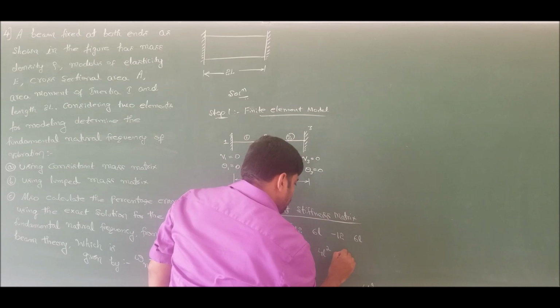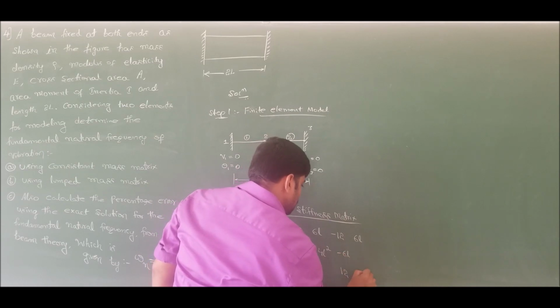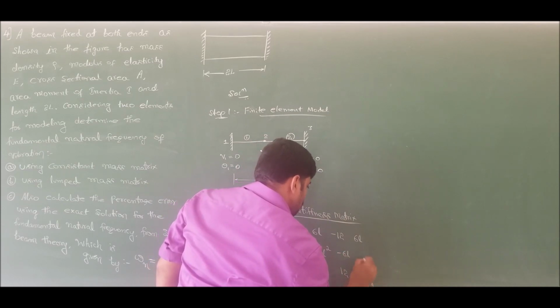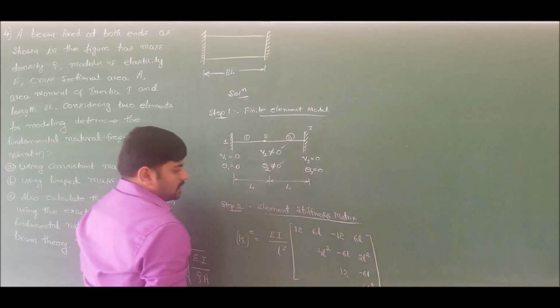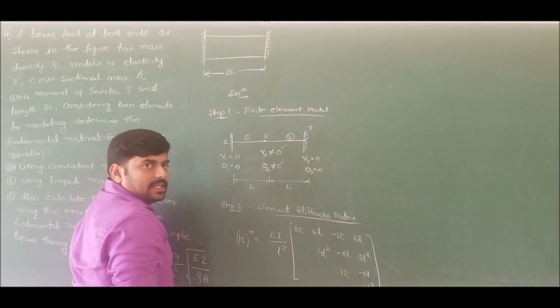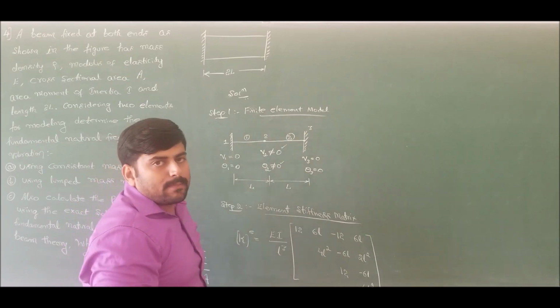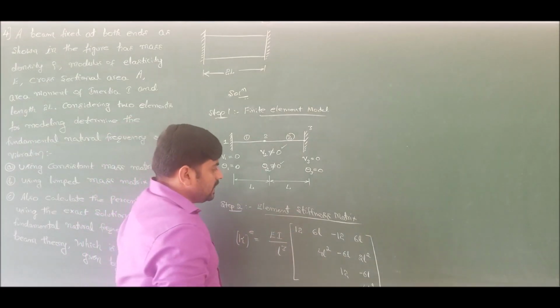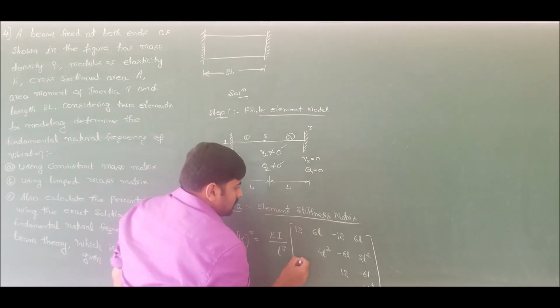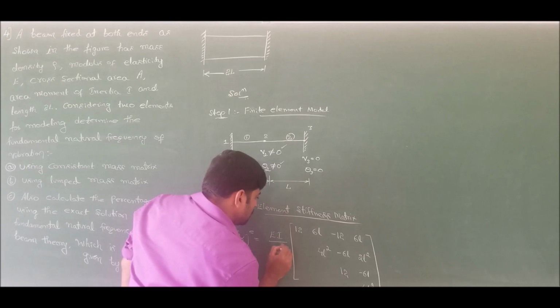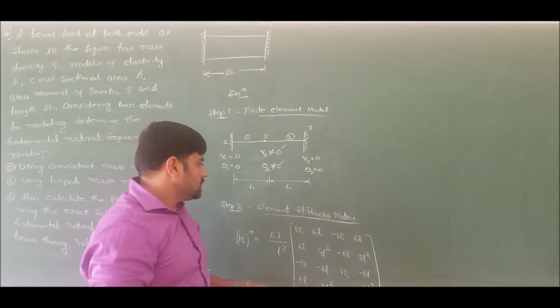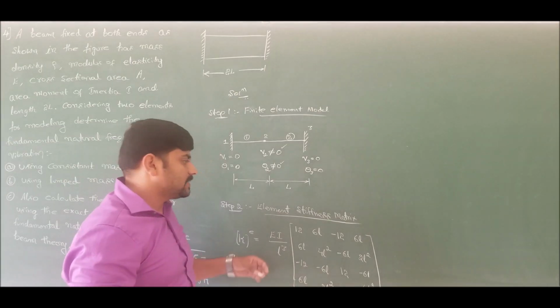Here we will be getting minus 6L and 2L square. Since the stiffness matrix of a beam element is banded and symmetric, completing the element stiffness matrix using the property of symmetry, I will get the element stiffness matrix as follows.